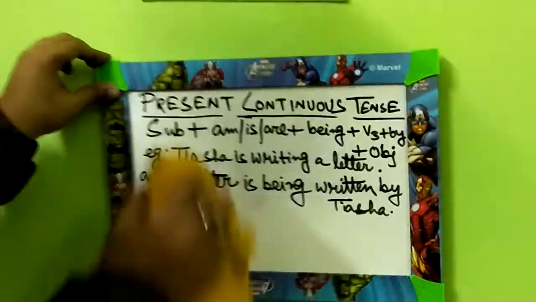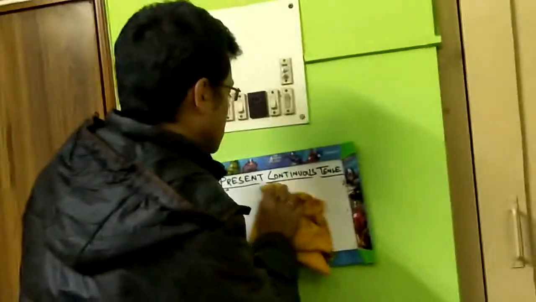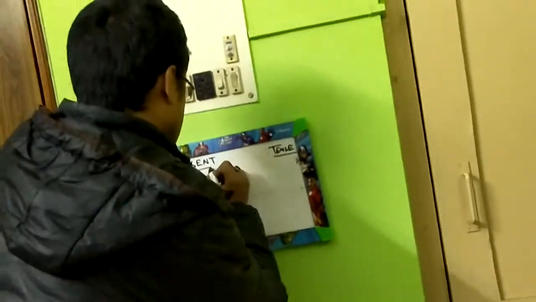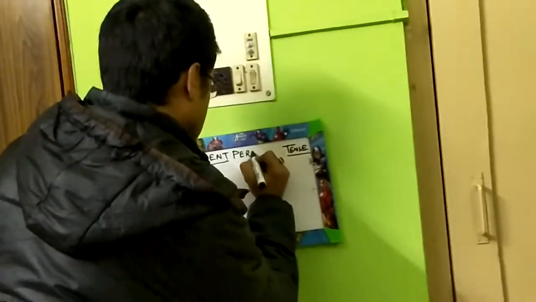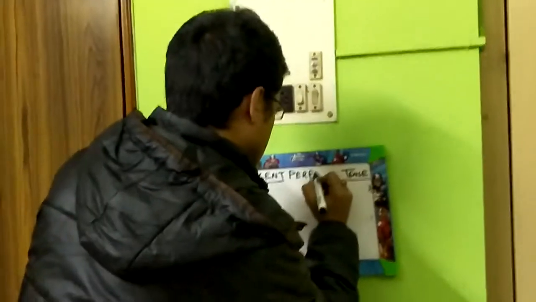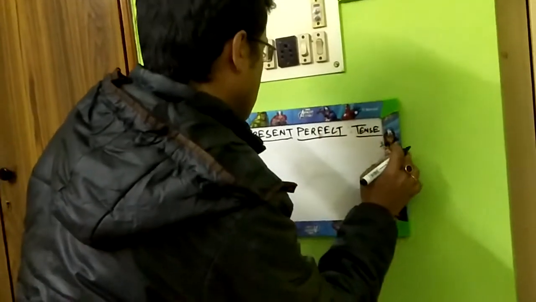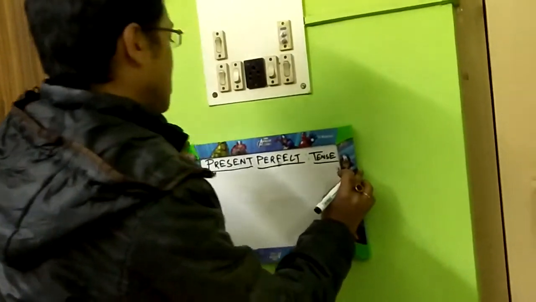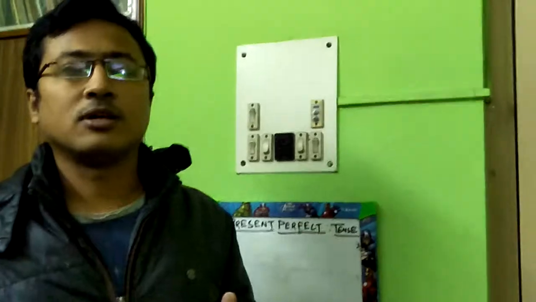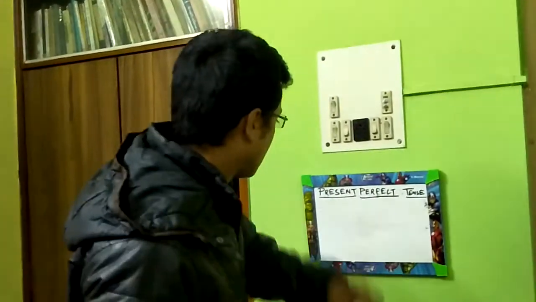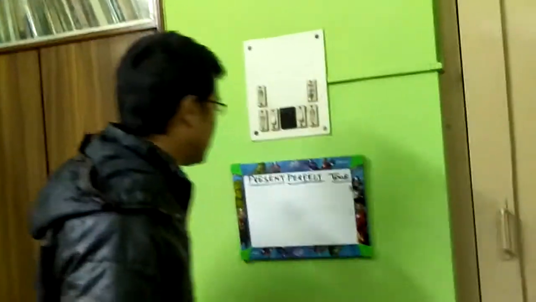Now the next one is present perfect tense. If the sentence is in present perfect tense, then how will we change the sentence from active to passive?